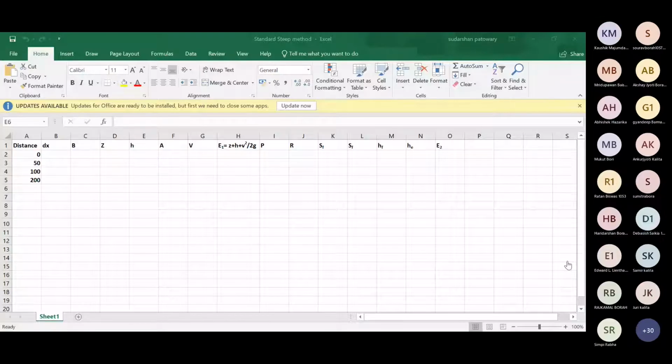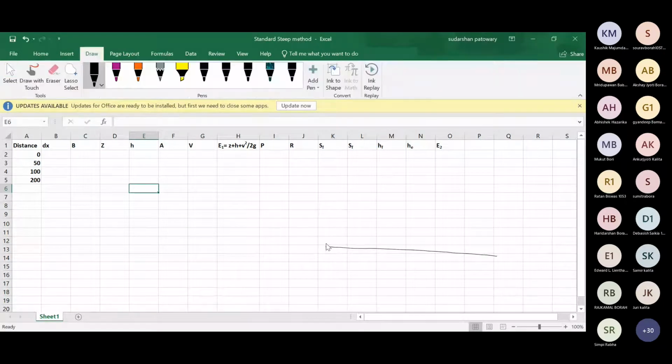Excel sheet visible? Okay, see. Now we have to make this table. This column is your distance. Let me draw here. Like this.